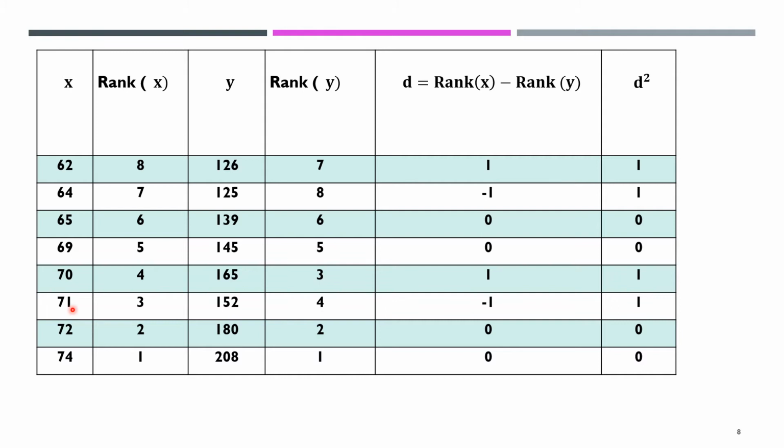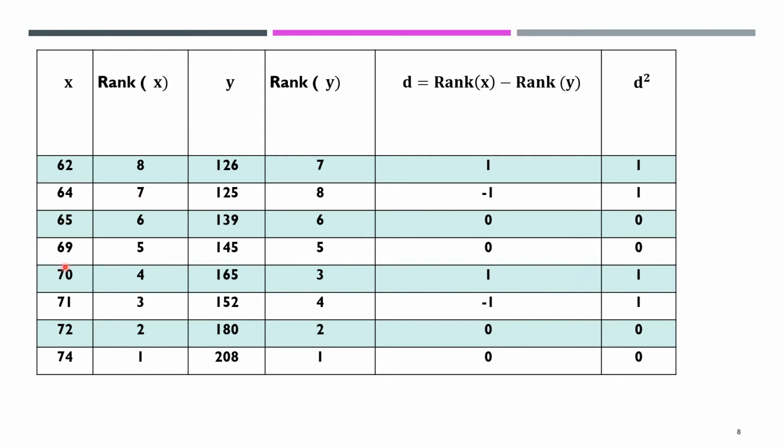Similarly, 71 is rank 3, 70 rank 4, 69 rank 5, 65 rank 6, 64 rank 7, and 62 rank 8. It is given in the same order, we don't have to change the order. The highest number is 74 with rank 1, and the last number is 62 with rank 8.